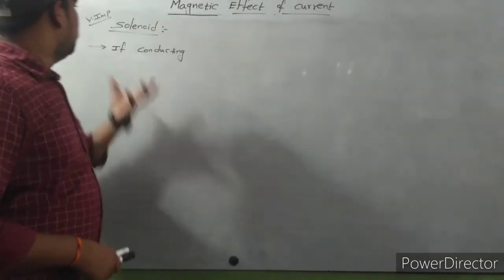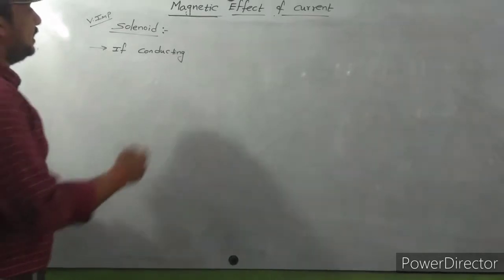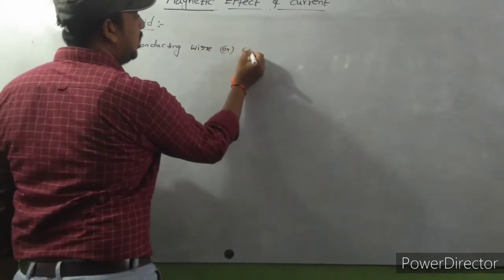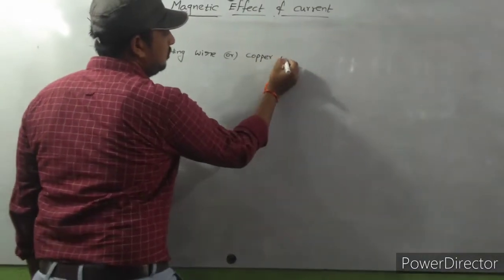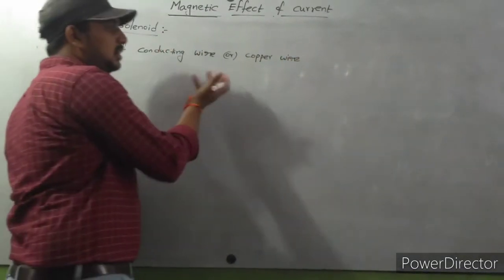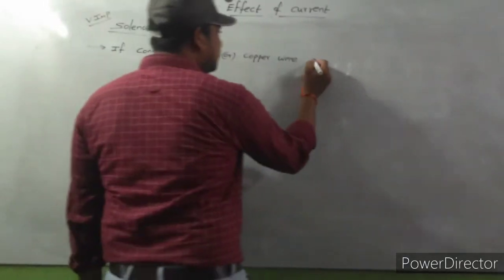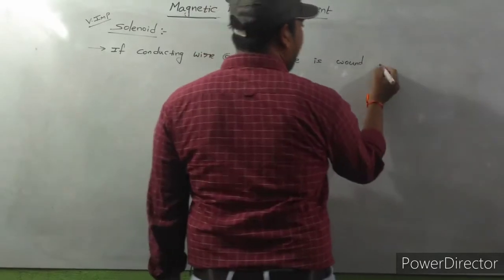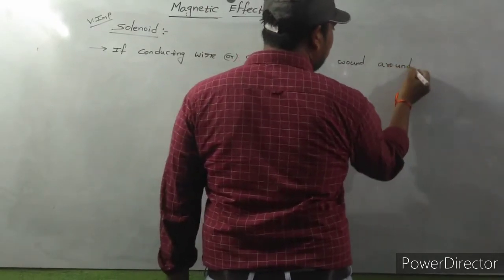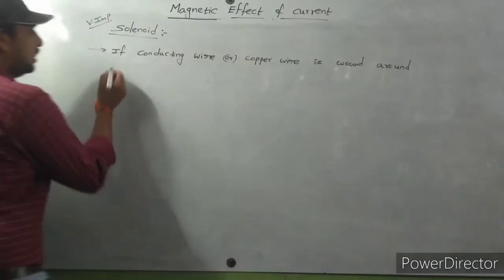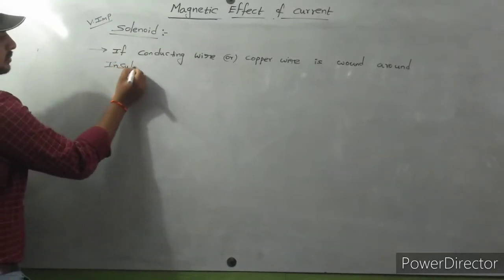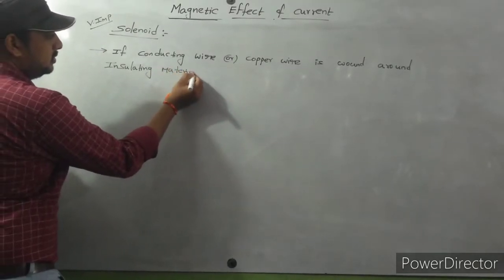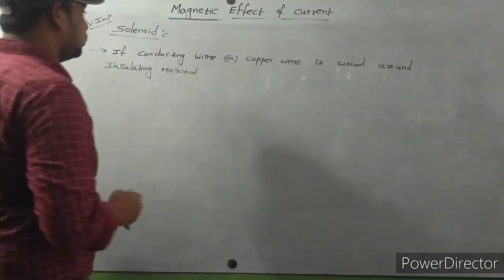Well, a solenoid is nothing but, if a conducting wire or a copper wire is wound around insulating material, it gives a solenoid. Conducting wire is nothing but a copper wire.